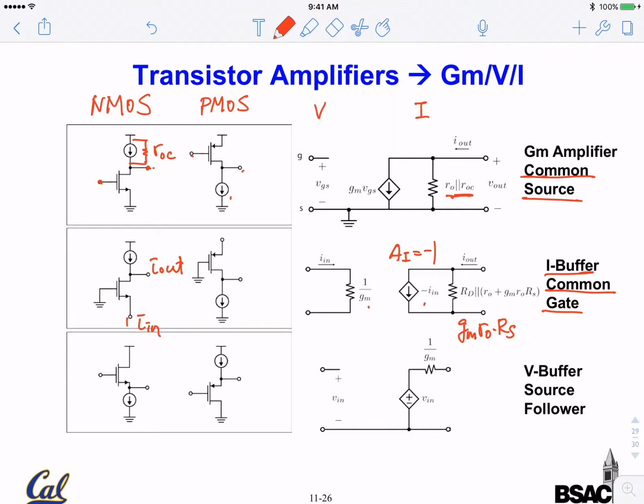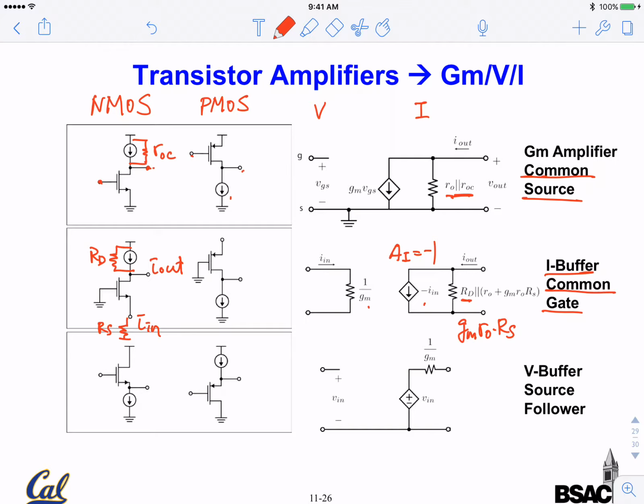Whatever source resistance there is gets amplified here by GM R0. If we have a resistance RD here, then it's in parallel with it, but the output resistance is still large. And for current output, you want the output resistance to be as large as possible, so that you deliver your output current to your load rather than it being consumed in your internal output resistance.